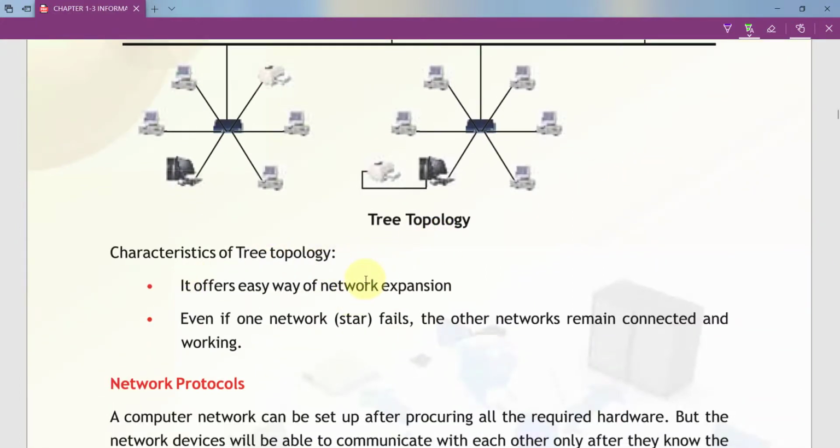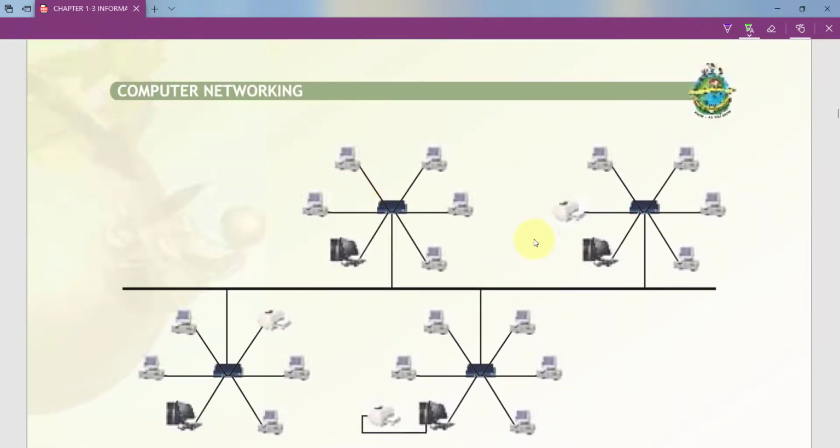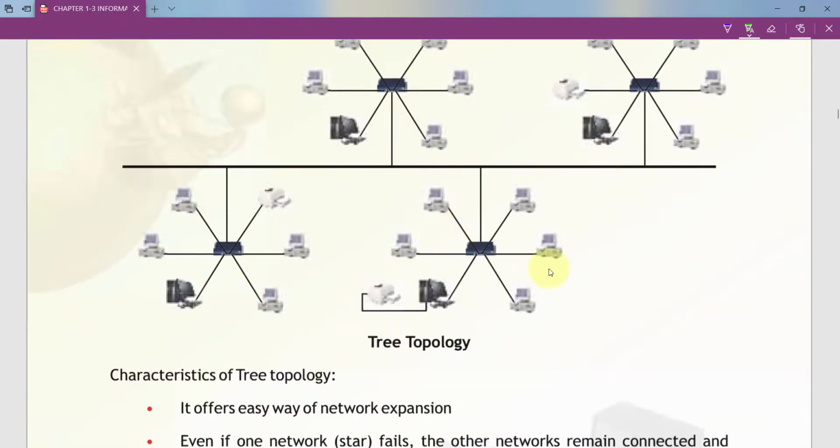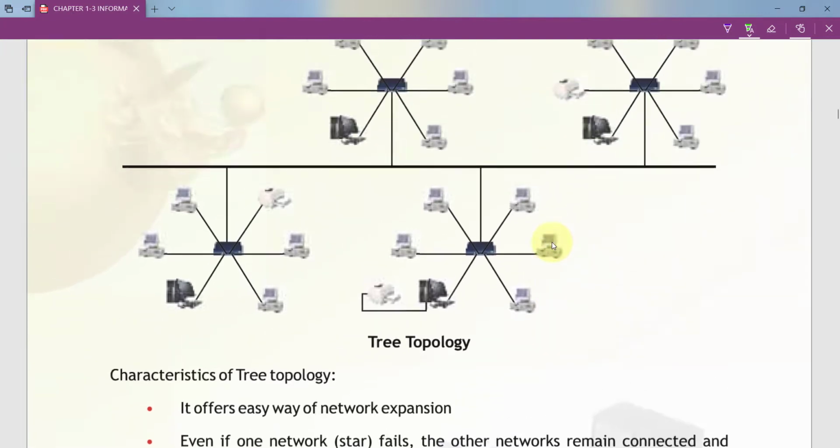Characteristics of tree topology: it offers an easy way of network expansion. Even if one network, means one star, fails, the other networks remain connected and working. Because, for example, if this star has failed, our other networks will keep going. There are no errors and no faults in the network.